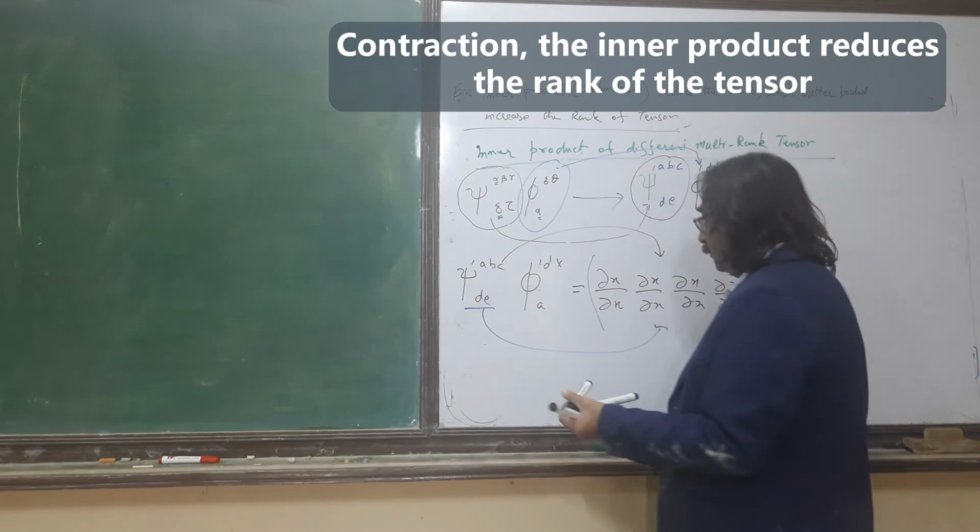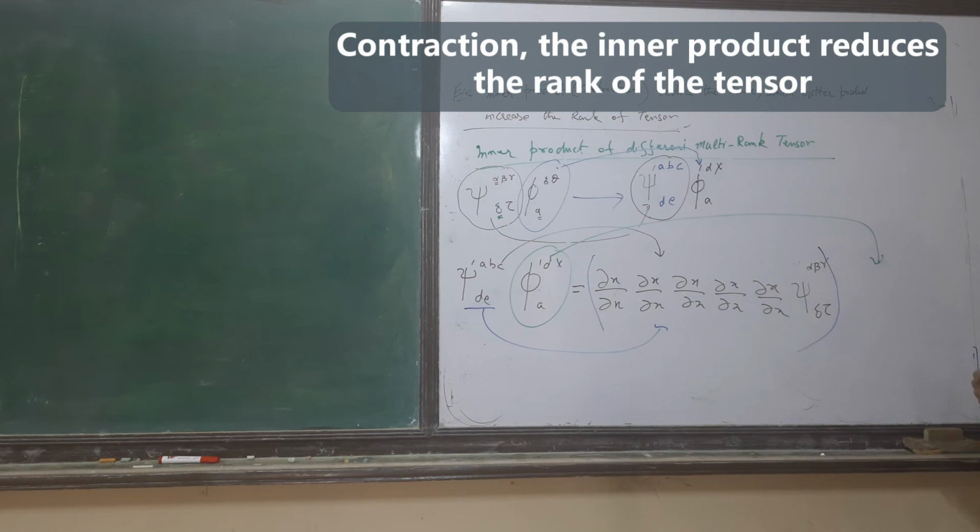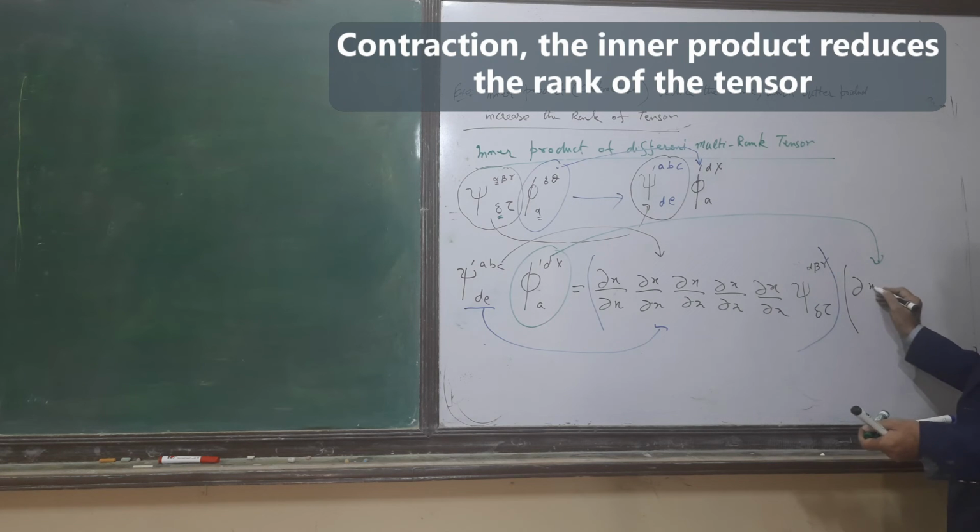Now, what is the transformation law of this? Three indices: 1, 2, 3. Sigma, theta, alpha.